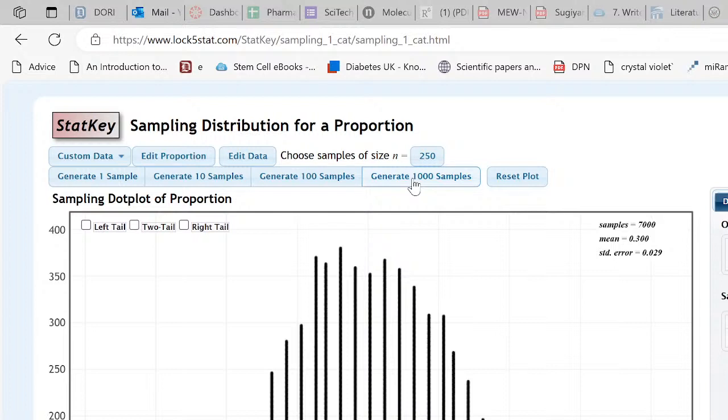Let's add that to the list here. So we're done with all of this. We want the mean of the sampling distribution.